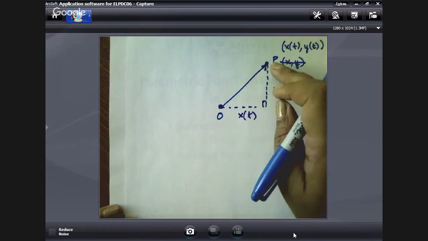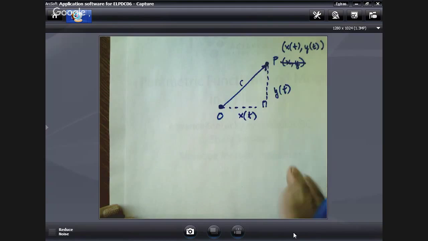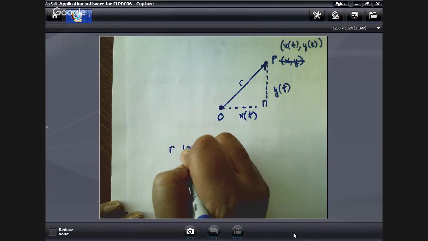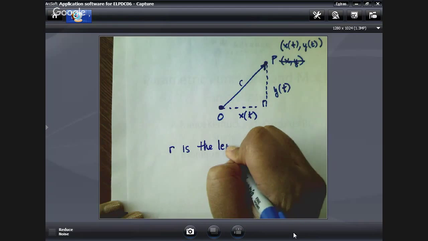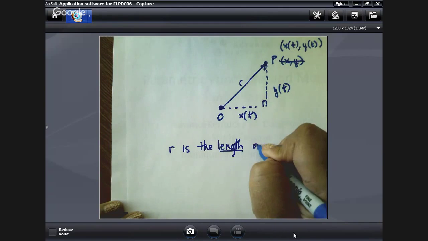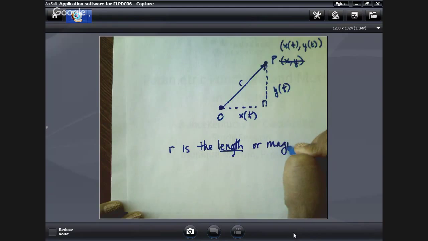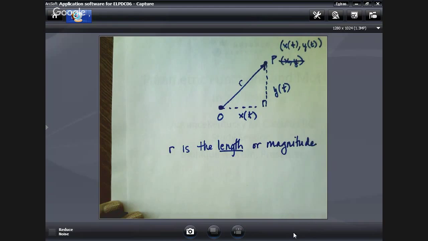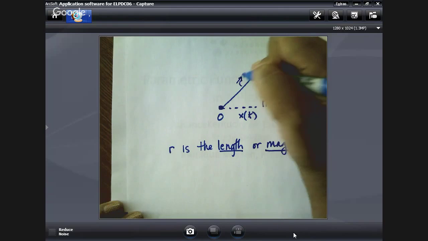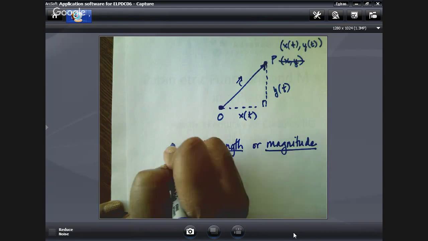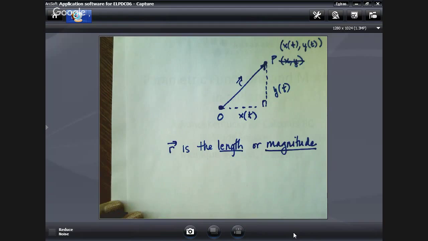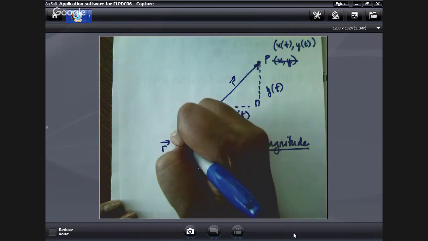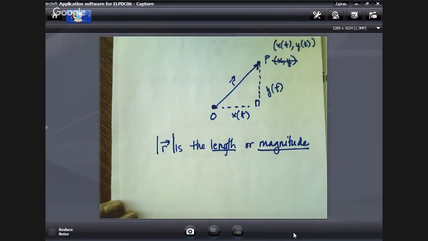This distance from O to P, let's call it R. R is the length or magnitude of the vector. In fact, we usually say if R is the name of the vector, I know I just changed what my variables meant, but stay with me, that the absolute value of R is the length or the magnitude of the vector.